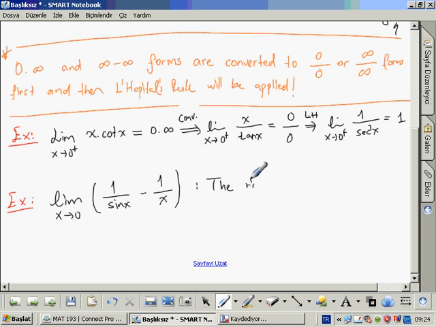The right hand and left hand limits are important.